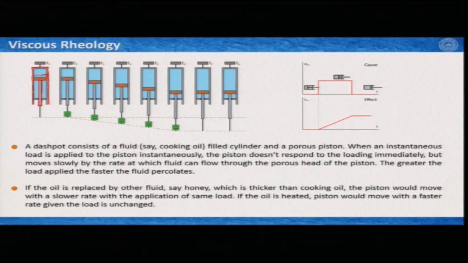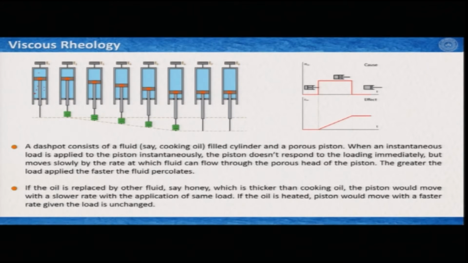So, the fluid in the cylinder, shown in blue here, can flow through this piston, and the flow must happen if there is any differential stress or pressure. This is a simple piston dashpot, a piston cylinder.